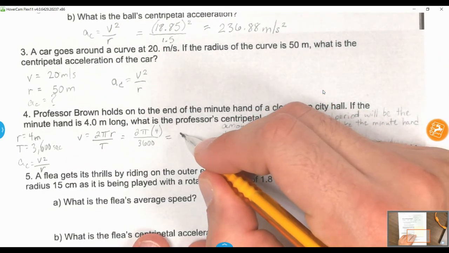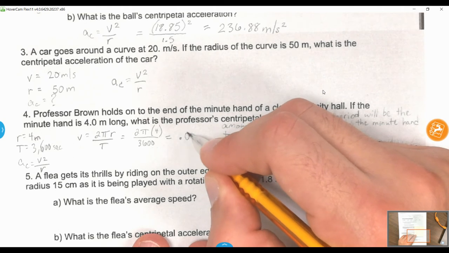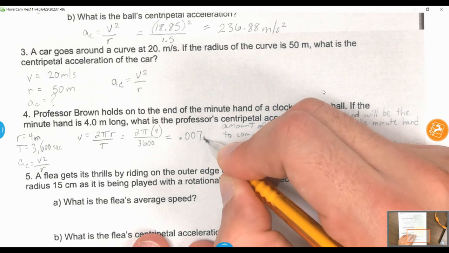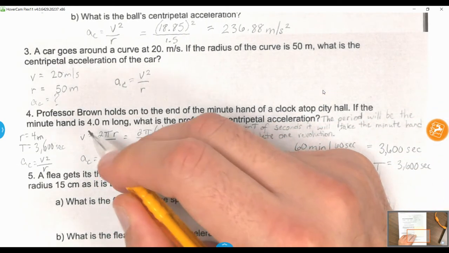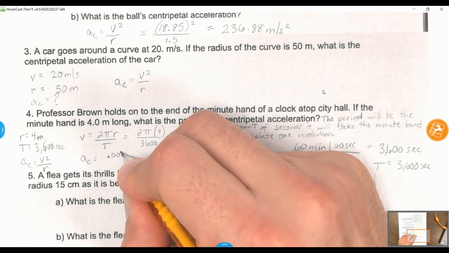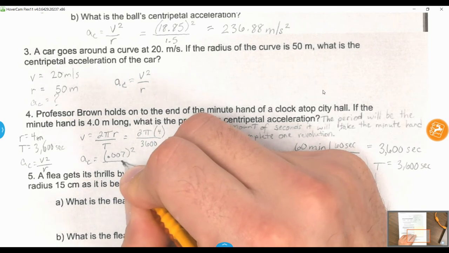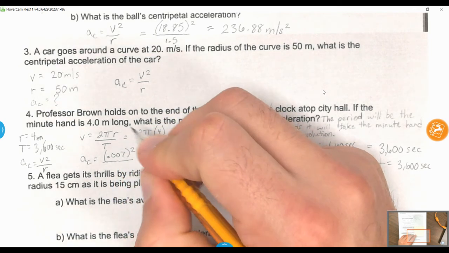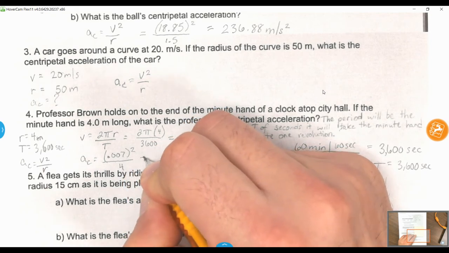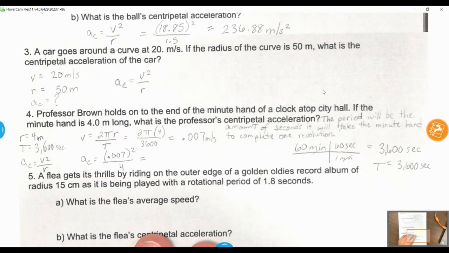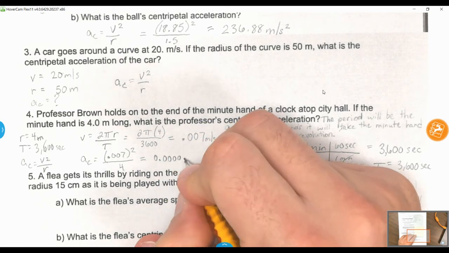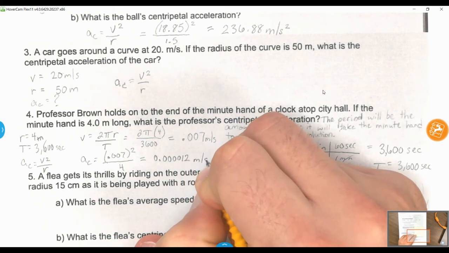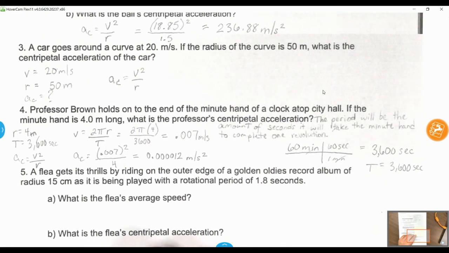It's going to be a pretty small number. It's going to be 0.007 meters per second. So once you have v, you can solve for the acceleration, divided by r, which was 4. And it's going to be 0.1234012 meters per second squared.